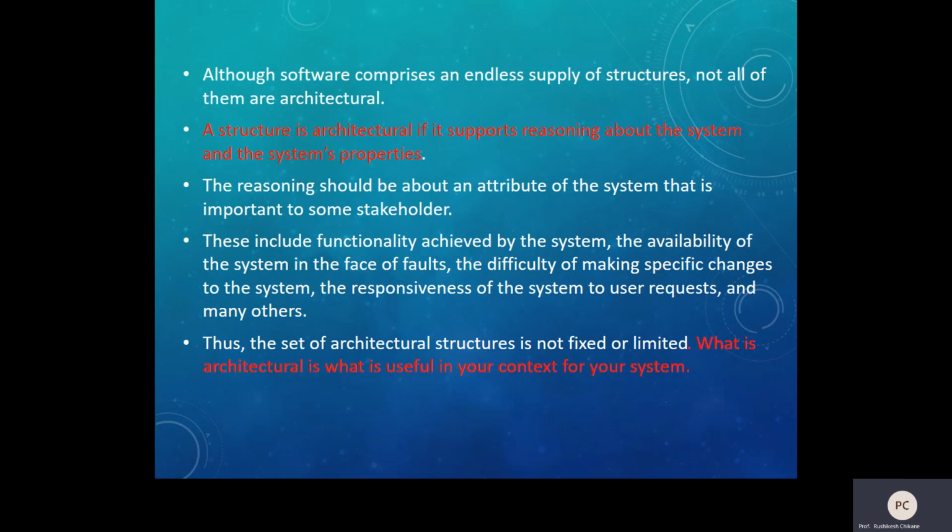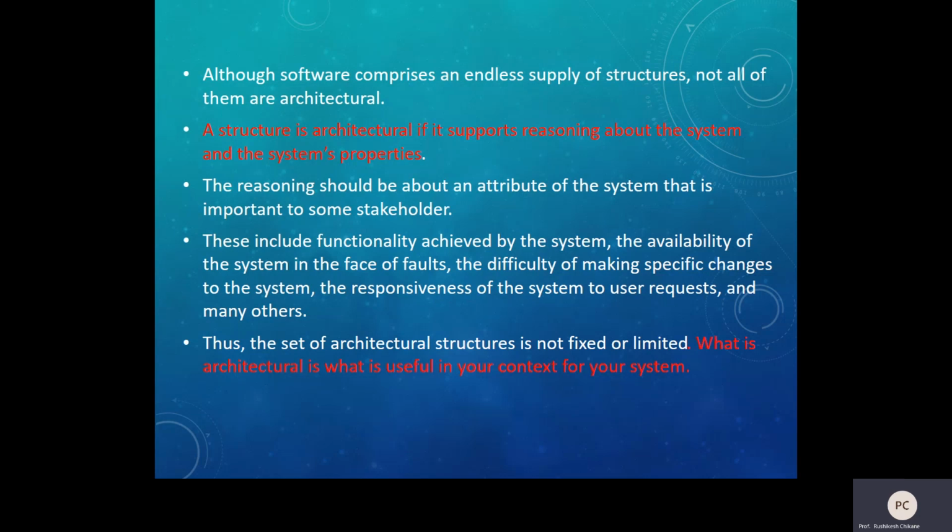So the structure must support the system and the system properties. Whatever functionality is achieved by that system, some part of it must be in that structure. Second, the availability of the system in the face of faults.